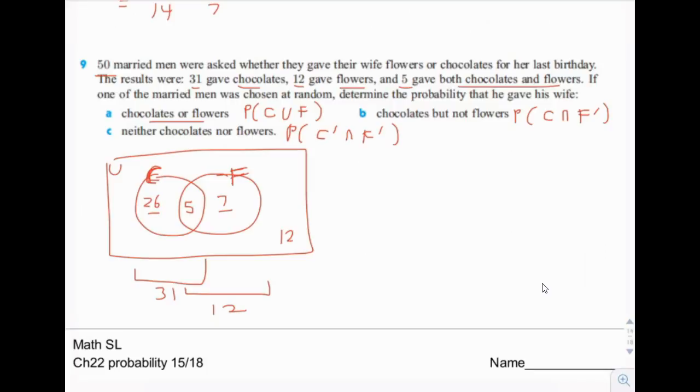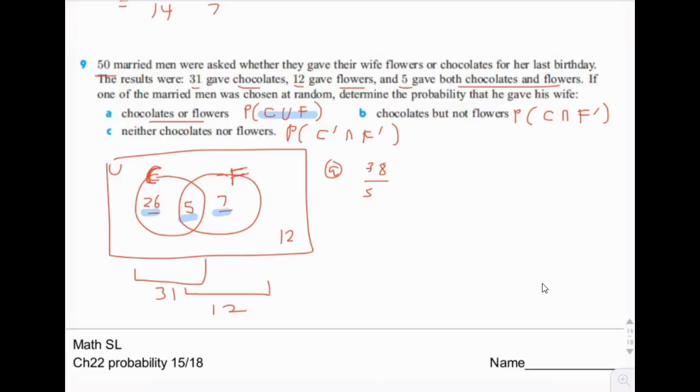Okay, so what about the probability of C union F? C union F. So that would be 26, 5, and 7. Right? So that would be 26, 5, and 7 would be 38 divided by 50.